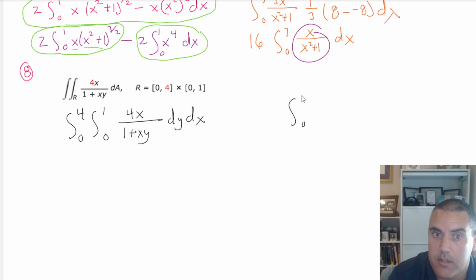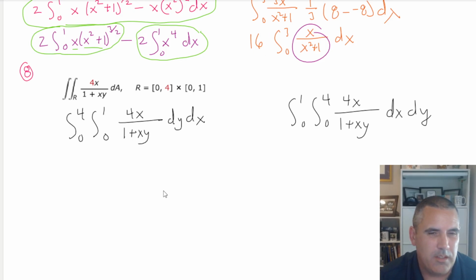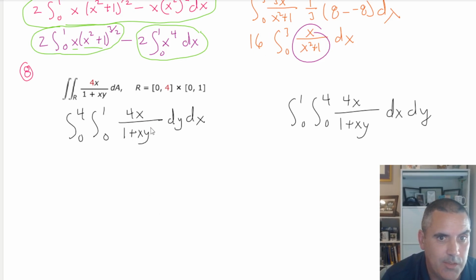Another way to think about it is 0 to 4, 4x over 1 plus xy, dx dy. To me, neither one looks that appetizing. The positive here is there's only one y, and there's a couple x's. So for that reason alone, I want to do this one.